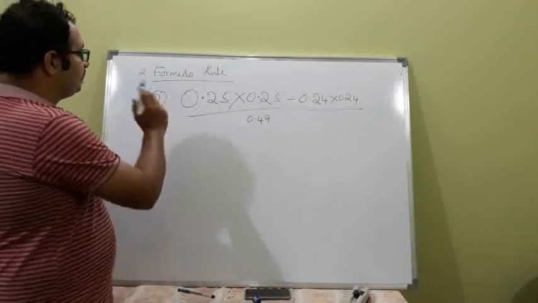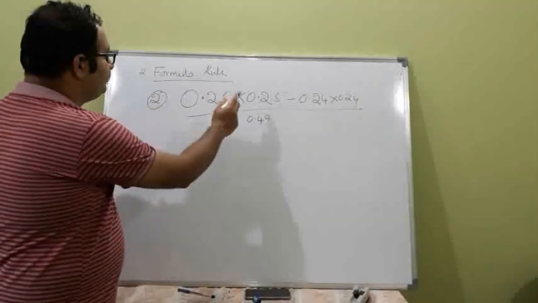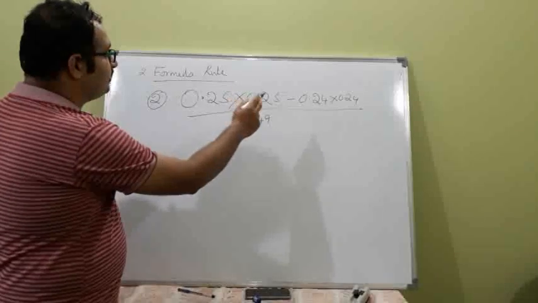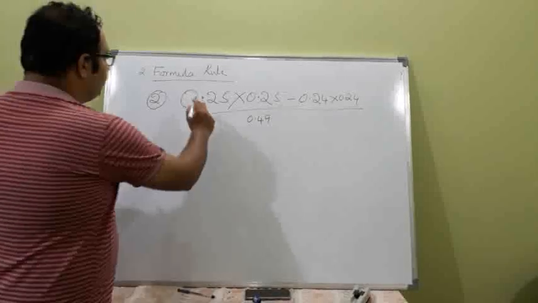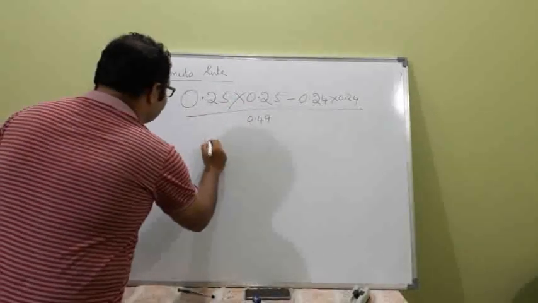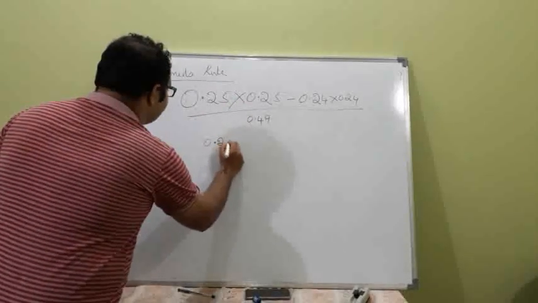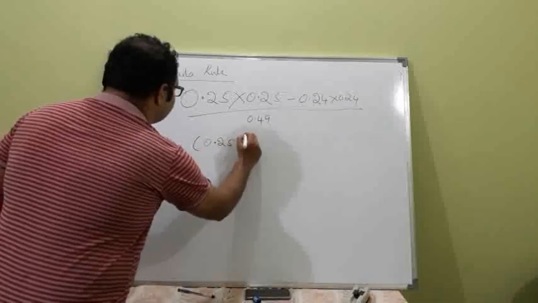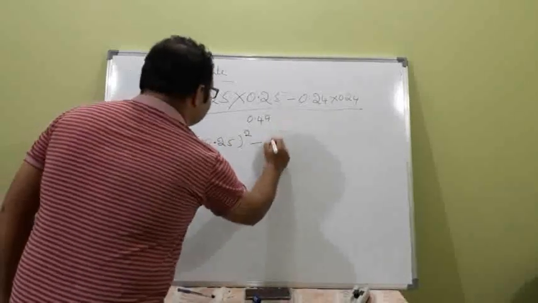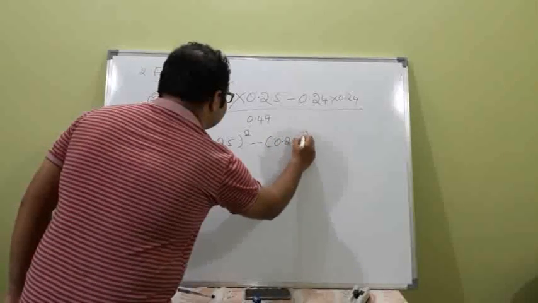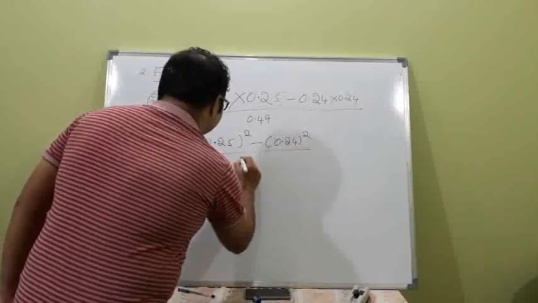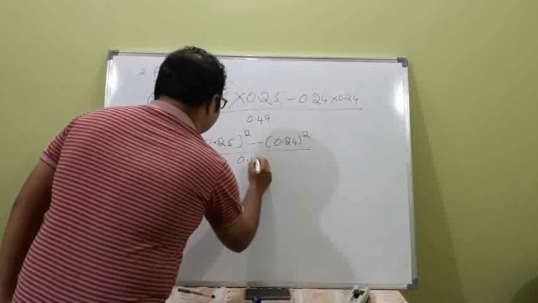Let us consider this problem. 0.25 into 0.25 minus 0.24 into 0.24 divided by 0.49. 0.25 into 0.25 is 0.25 whole square minus 0.24 whole square divided by 0.49.